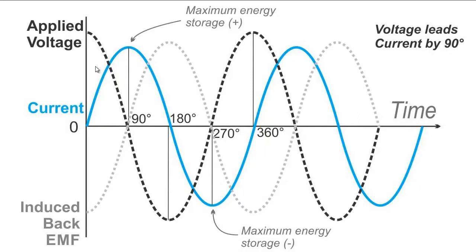So in this case, it would seem more intuitive to say that the current at this stage is actually newer, so the current would lead the voltage, because its peak is at 90 degrees. It's wrong, it's not how you do it, and I just want to make that very clear. So in this image, voltage leads the current by 90 degrees.